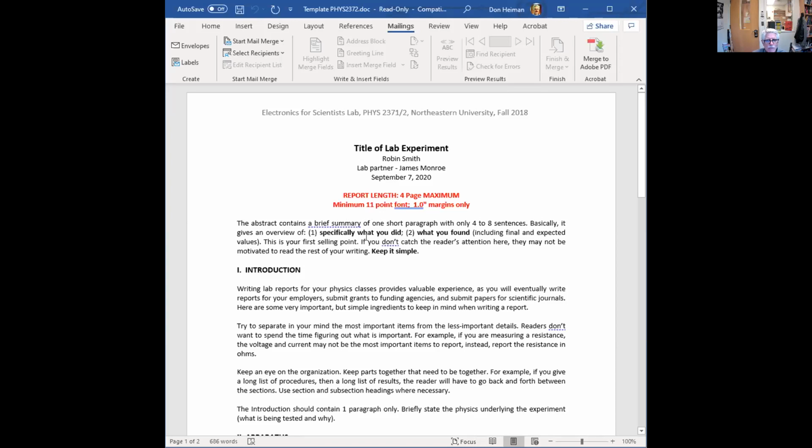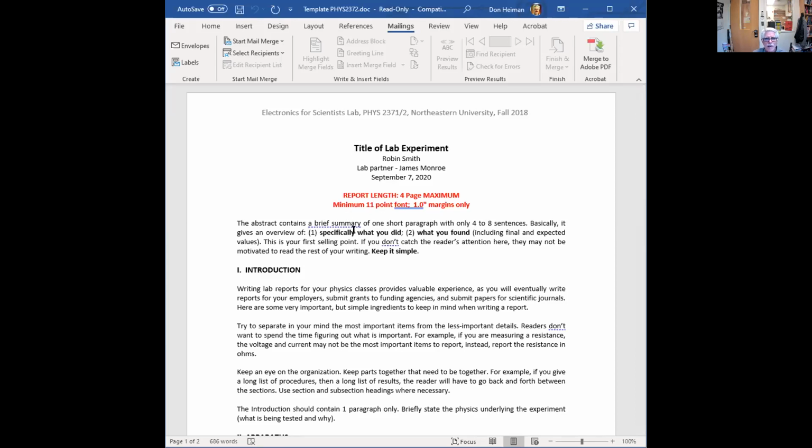I want you to write an abstract. And an abstract is a short summary of, I would say, 4 to 5 sentences even, not 8 sentences. And in the abstract is your elevator speech, specifically what you did. Maybe not why you did it, but what did you do?